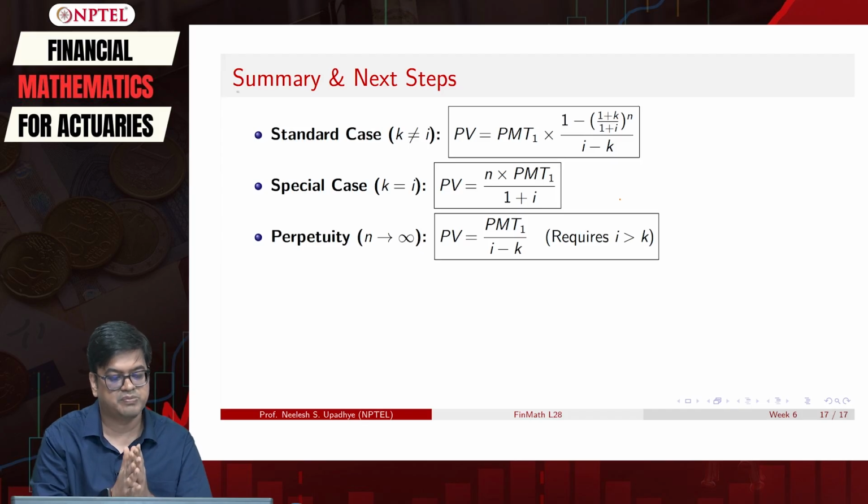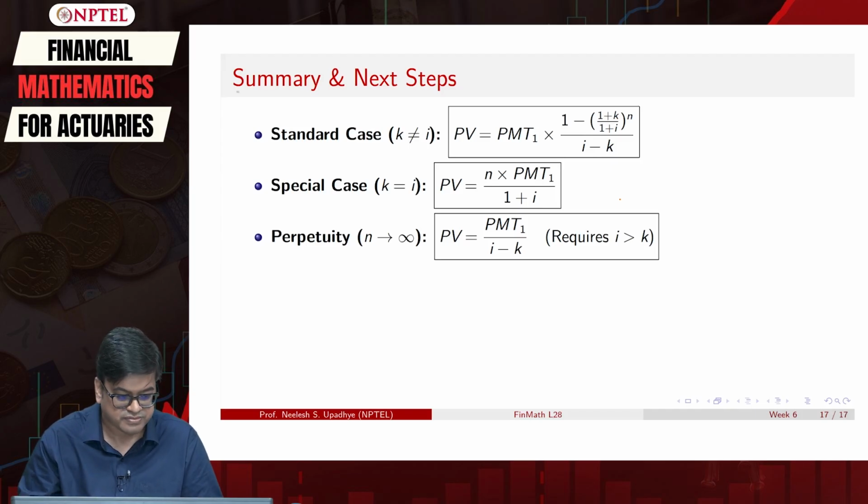If the payments last forever, that is n tending to infinity, we are dealing with a perpetuity, and the present value is PMT times 1 upon I minus k. However, this I minus k should be positive. That is the essential condition we need to enforce. If it is not satisfied, the value is going to explode.